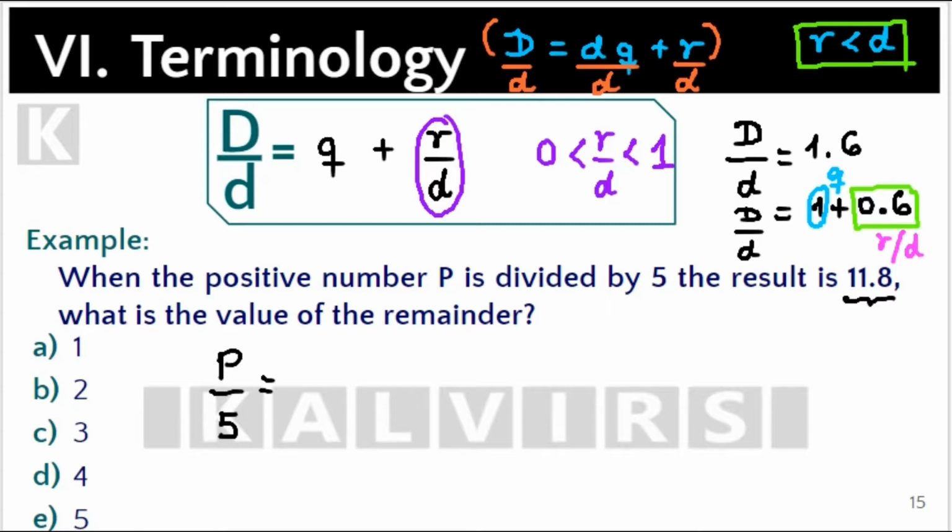We can rearrange 11.8 like 11 plus 0.8. According to the formula, 11, the integer, must be the quotient, and 0.8 must be the remainder over the divisor.